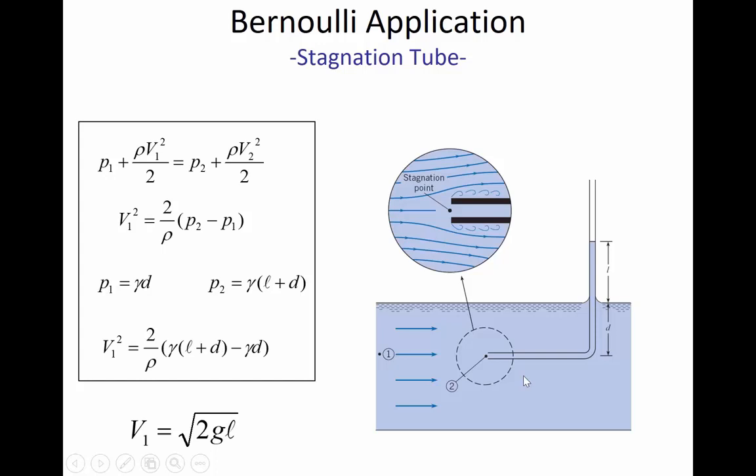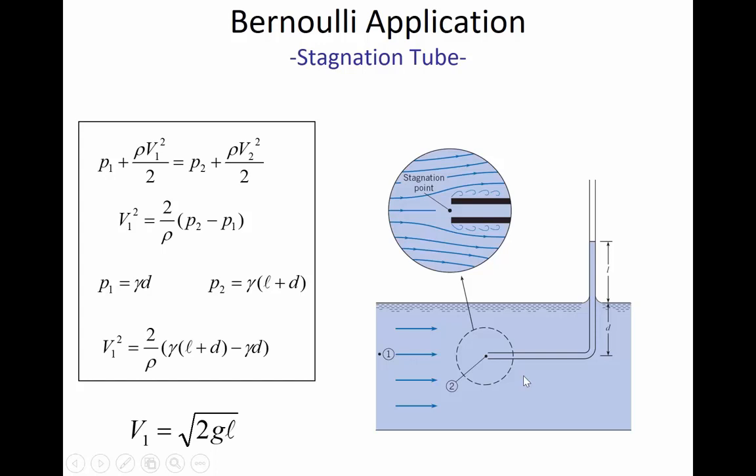That's the best arrow I can draw, guys. All right. So the flow is still going this way. There's not going to be any rise in the water if the opening of the stagnation tube is just pointed down. It has to be pointed so that these streamlines dead end at the opening.